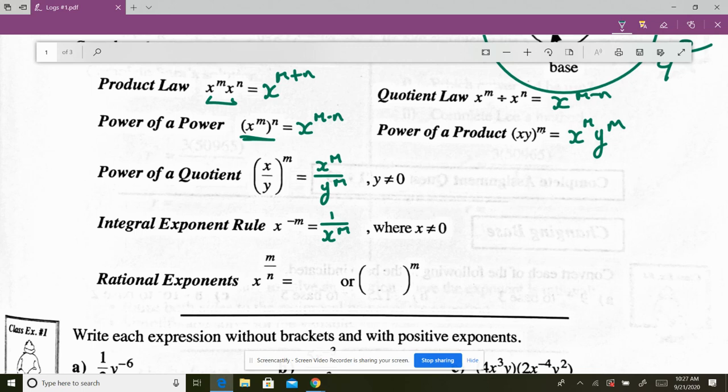In grade 11, you looked at fractional exponents. So if I had x to the power of a half, what did that represent? What sort of operation?